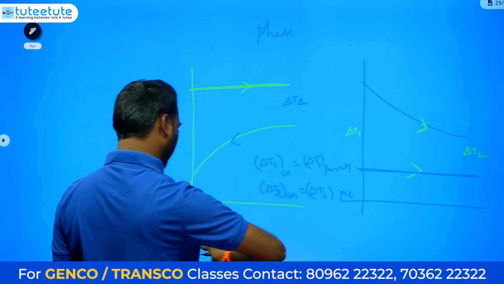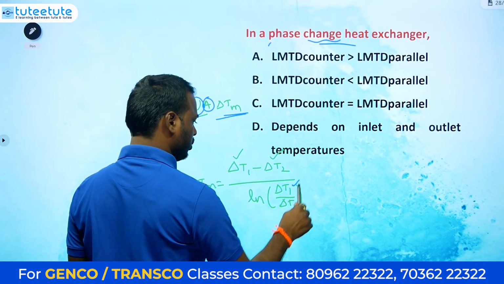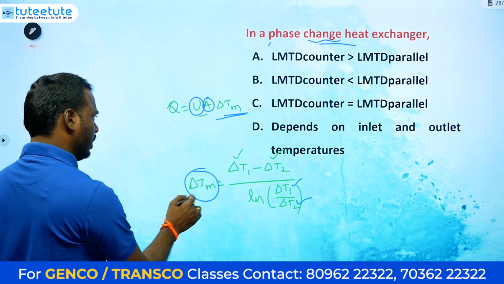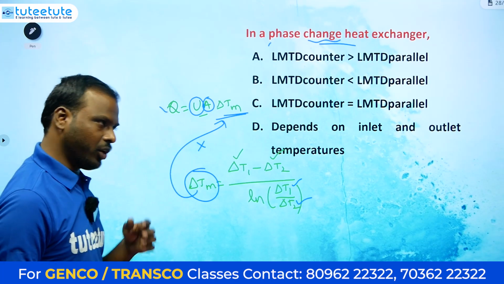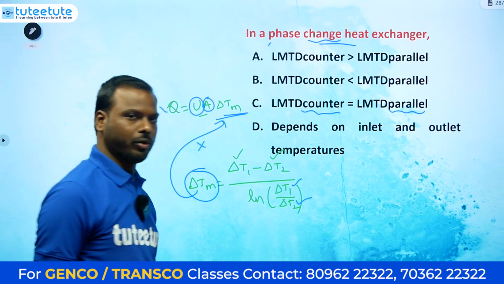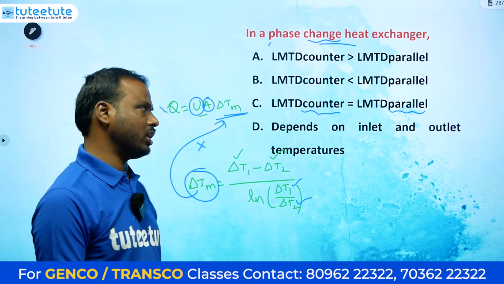So delta T1 is the same and delta T2 is the same, so delta Tm is not going to change. Whenever delta Tm does not change, Q also does not change. So according to the LMTD technique, the delta Tm value will be the same for counter flow as well as parallel flow.